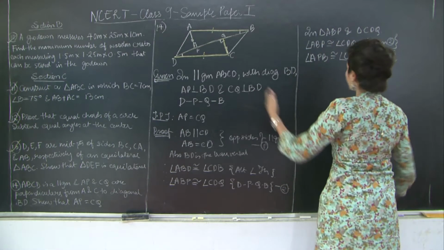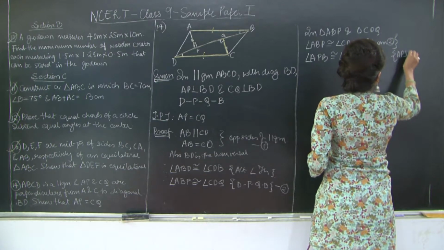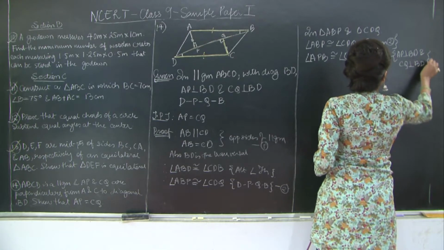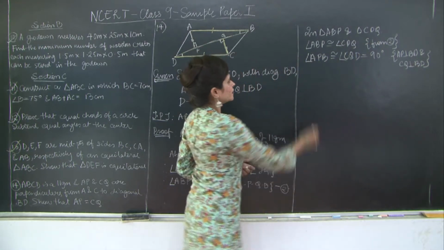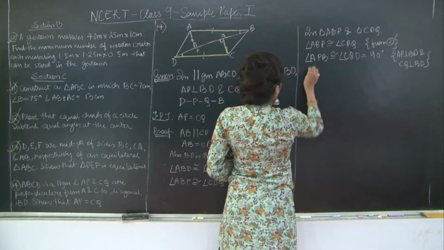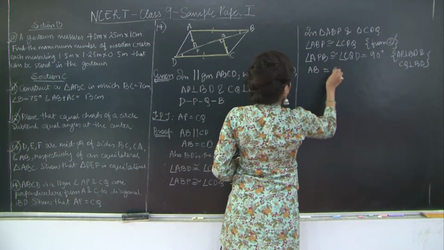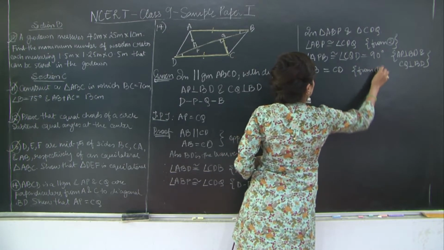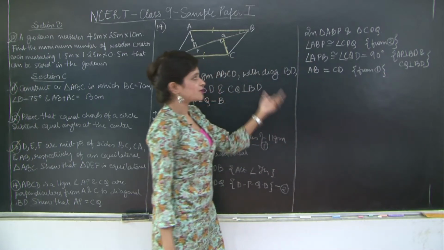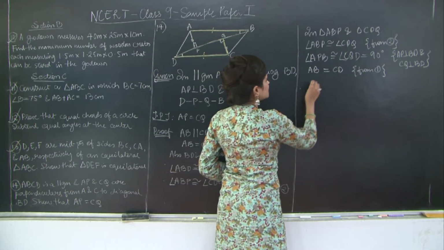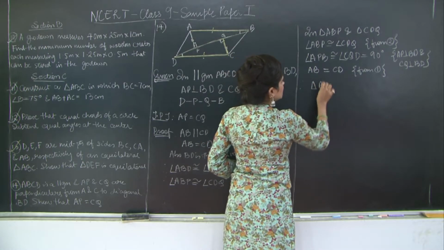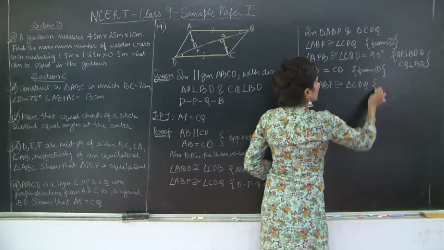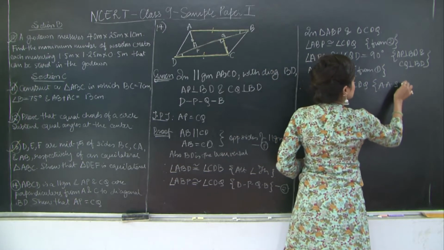Why? Because I have AP perpendicular to BD and CQ perpendicular to BD, right? And also I have AB is equal to CD, and I'll say from 1. Therefore, the two triangles are congruent to each other by AAS test of congruence. That is, triangle ABP is congruent to triangle CDQ by angle angle side test of congruence.